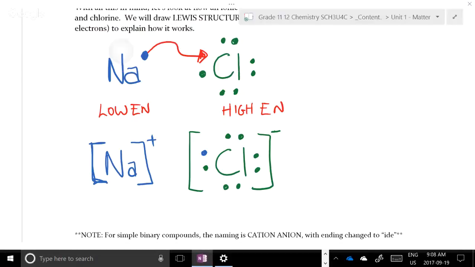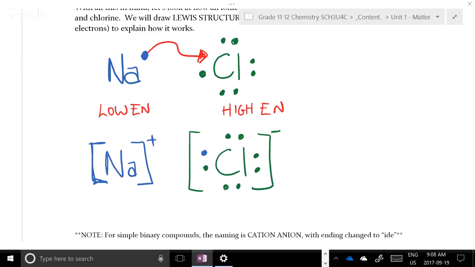And now, because they are both charged, and because their charges are opposite, what happens to them? What happens to two things that have opposite charges? They're attracted to each other. Does that make sense? That's a very strong bond.